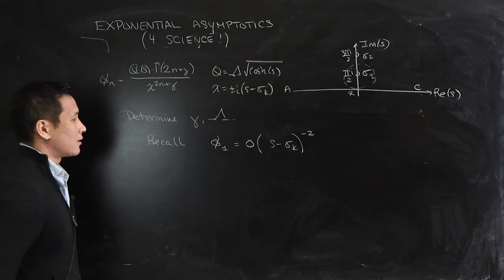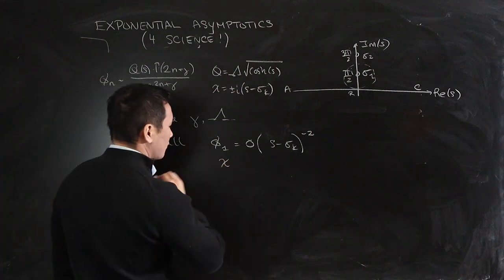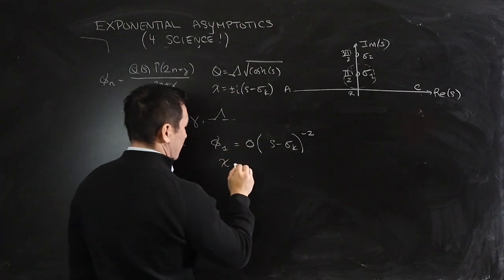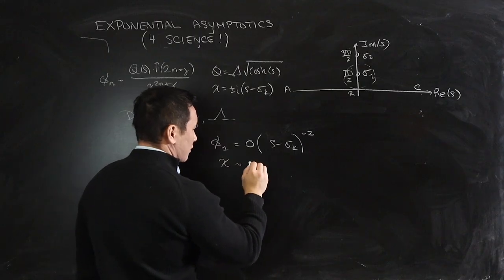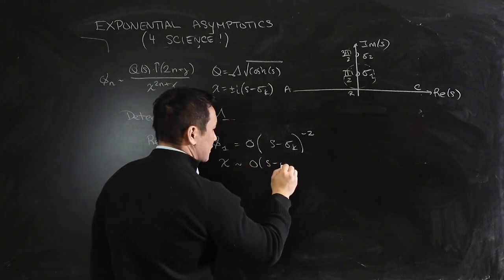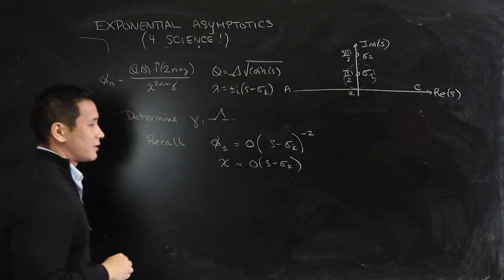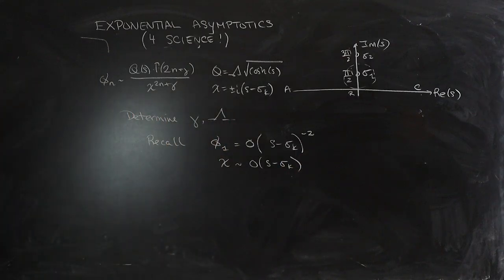And you'll remember that chi is essentially of order s minus sigma k. It's i times s minus sigma k.